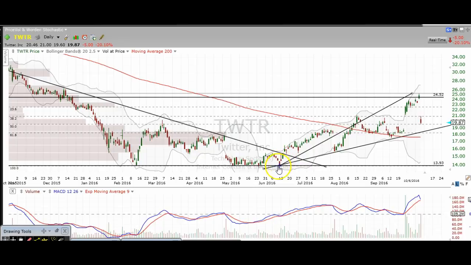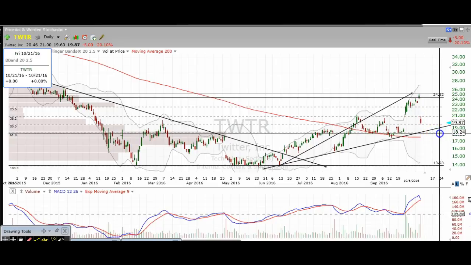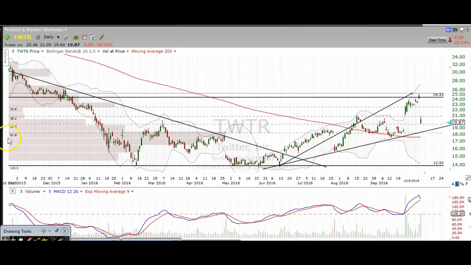So if you draw it from the low over here to the high over here, and that's this line right there, that's the Fibonacci, you get the 61.8% Fibonacci retracement level right here at about $18. Okay, you can see it right here, 61.8% Fibonacci retracement level from these lows to these highs right there, and that's a perfect bounce zone because it lines up perfectly. This was the breakout zone, really, about $18.